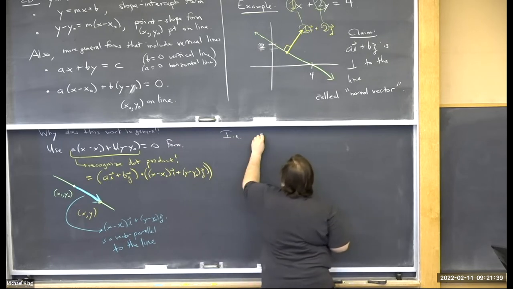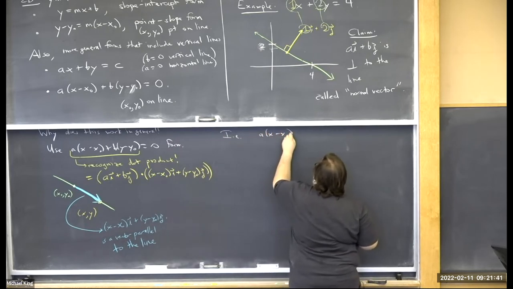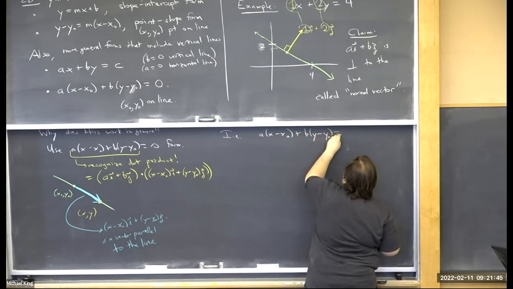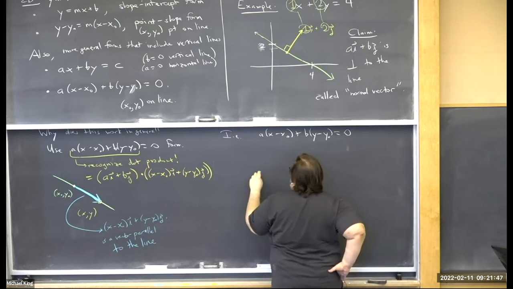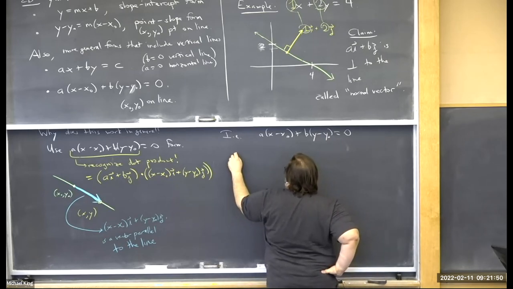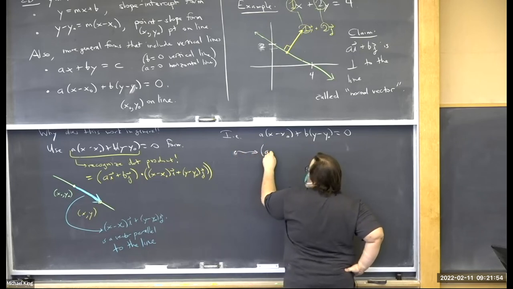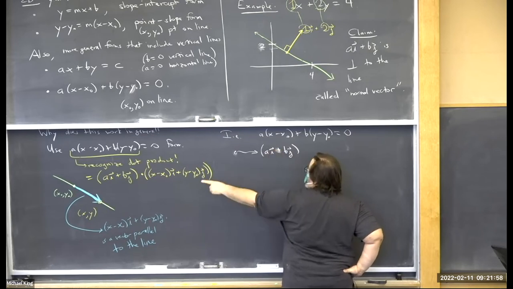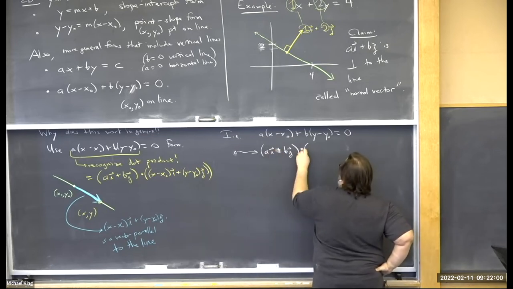So it's kind of cool, we could rewrite this equation, i.e., a times (x minus x naught) plus b times (y minus y naught) equals 0, as a dot product. Like I just wrote it over there, but it would be nice if I was on Notability and I could just copy and paste that.